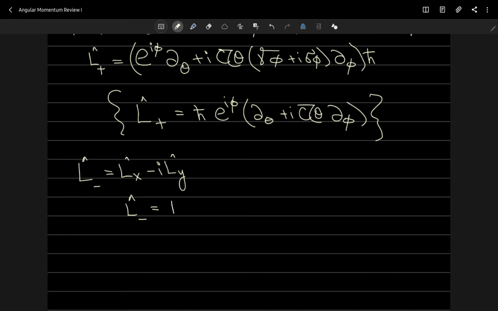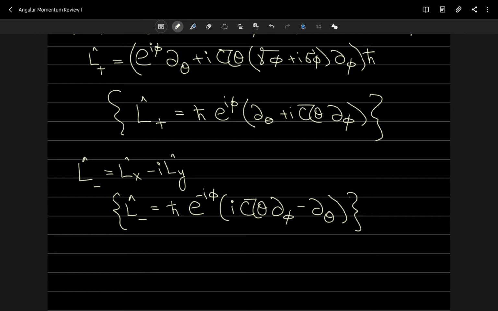And what you get is h bar exponential negative iota phi times iota cotangent theta partial derivative with respect to phi minus partial derivative with respect to theta. And that's your L minus operator, right? And you could call this your lowering operator, as it lowers the angular momentum state.